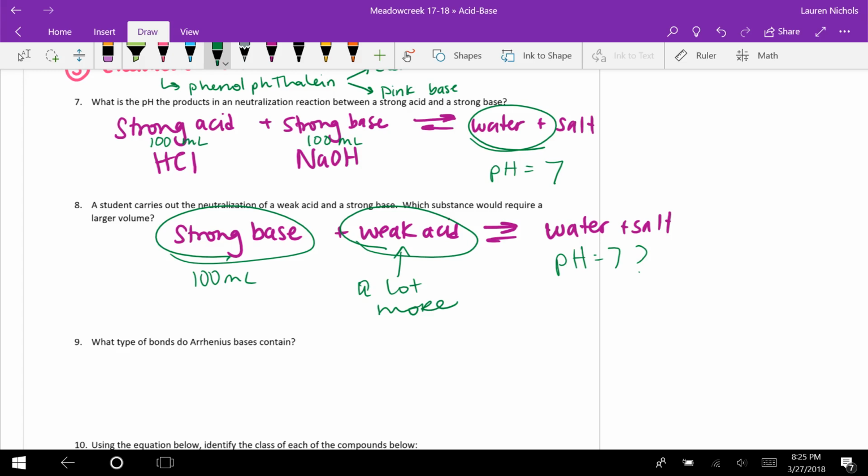And so when we're looking at number 9, what type of bonds do Arrhenius bases contain? Remember, all bases are going to have ionic bonds.